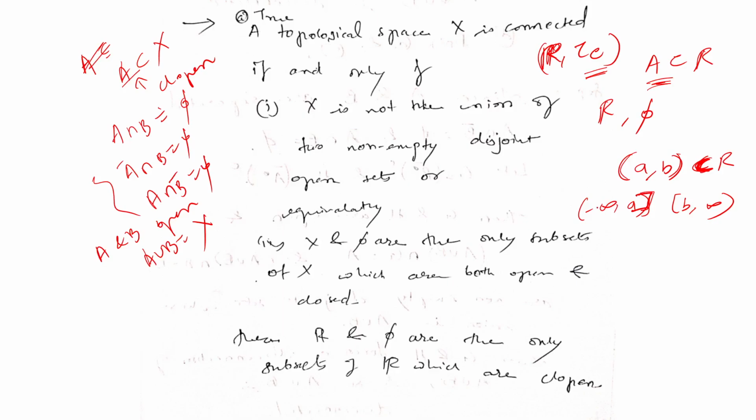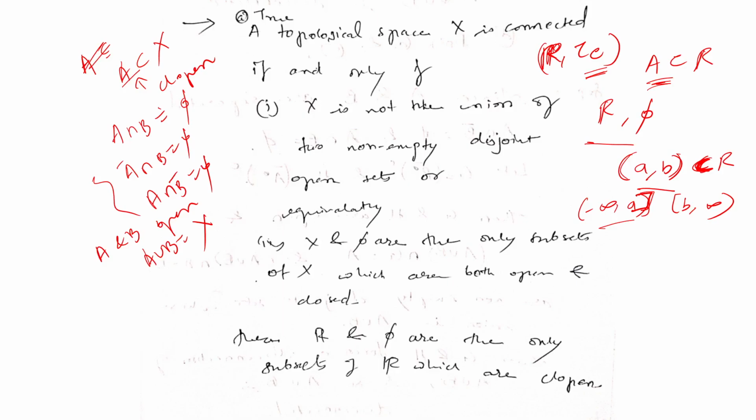Because its complement, minus infinity to A closed and B closed to infinity, is not open, right? So we cannot say that this is closed in R with the usual topology. Hence, the only subsets which are clopen are R and the empty set. So in that manner, we can say that it is a connected space.